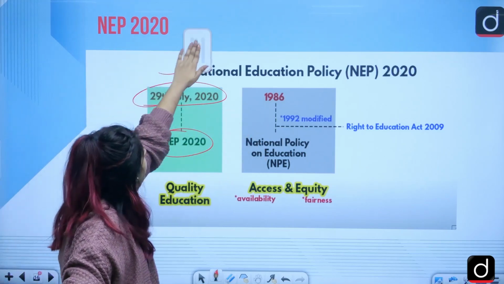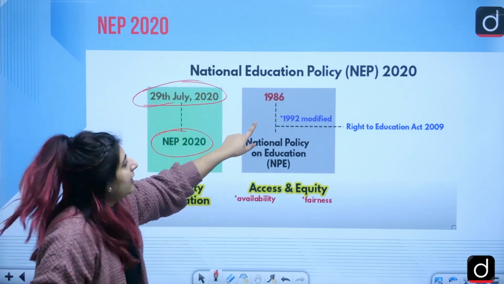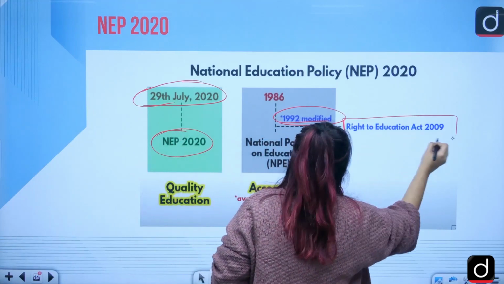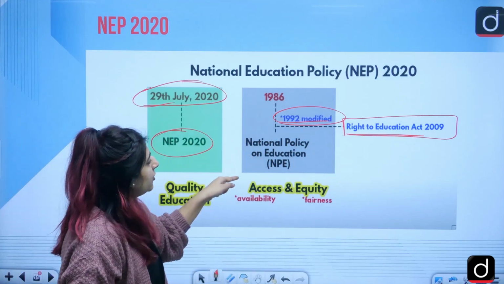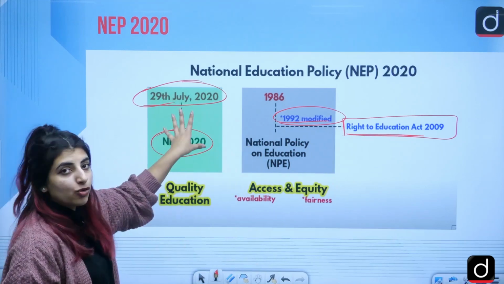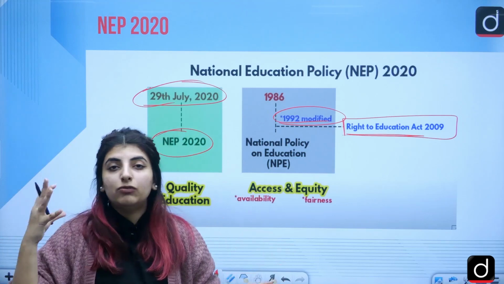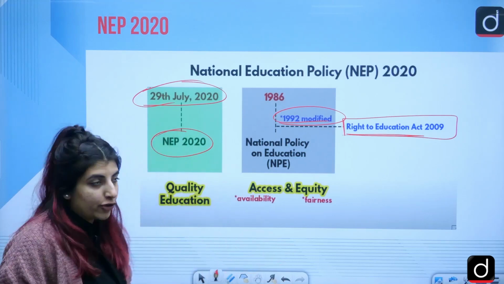So chronology you can write: 1968, 1986. And in 1992 it was modified by introducing the Right to Education Act. Now after so many years, in 2020, the national education policy was released with certain changes which one would have never thought of.